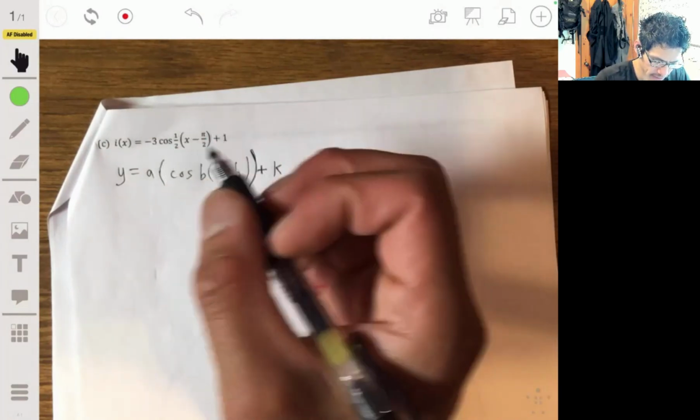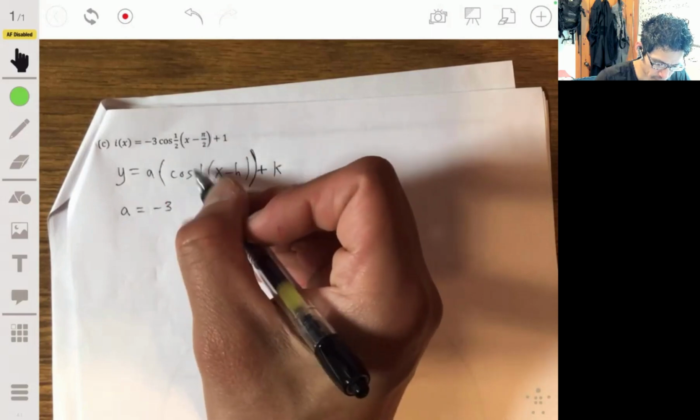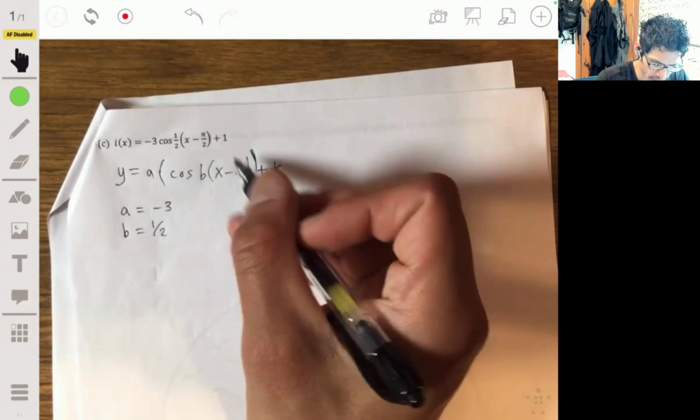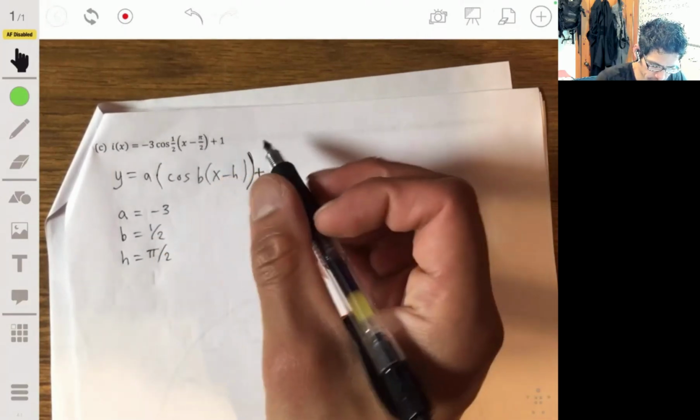So then A is -3, B is 1/2, H is pi over 2, and K is 1.